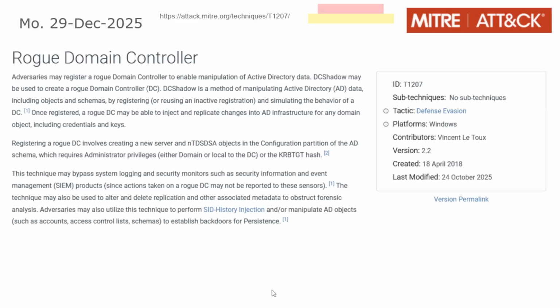But let's read what they have to say here, about rogue domain controllers. Adversaries may register a rogue domain controller to enable manipulation of Active Directory data. So again, let's copy that. Register rogue. You want to manipulate Active Directory data. You guys know that the domain controller is the heart of your cybersecurity infrastructure, of your entire IT infrastructure.